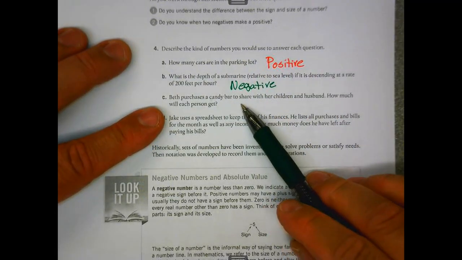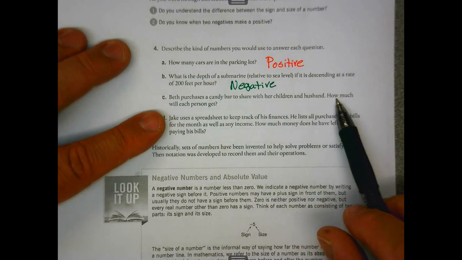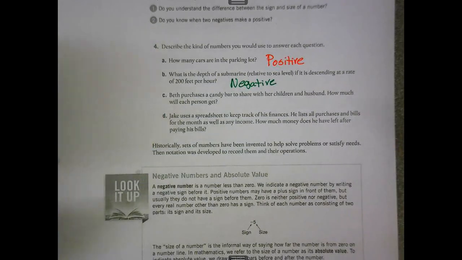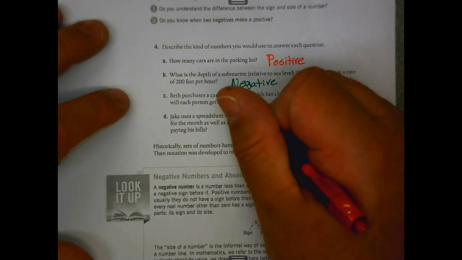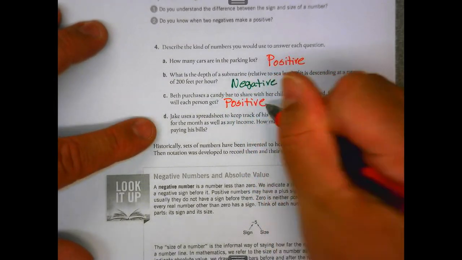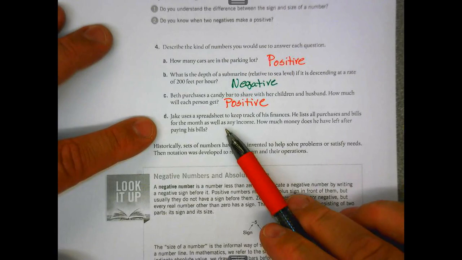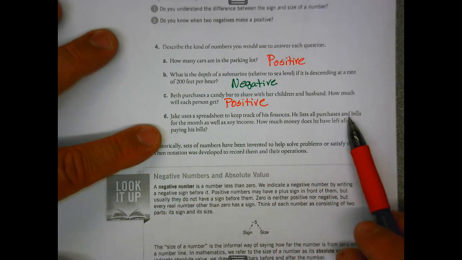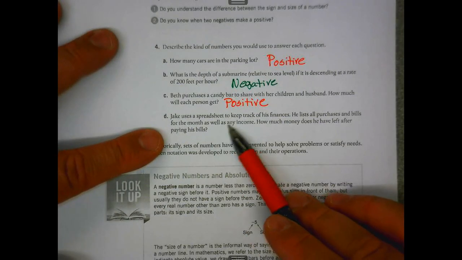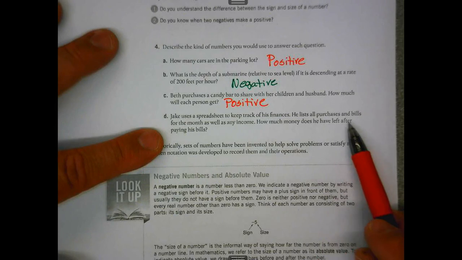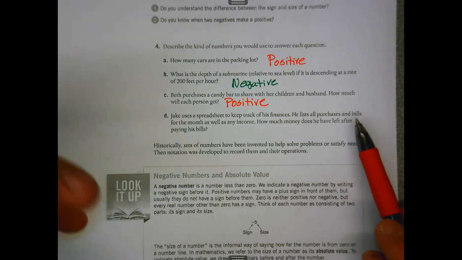So each person is going to get some of the candy bar, so it's going to be a positive number. And Jake uses a spreadsheet to keep track of his finances. He lists all purchases and bills for the month, as well as any income. How much money does he have left? So he's going to be subtracting those numbers or adding a negative. So it's going to be negative.